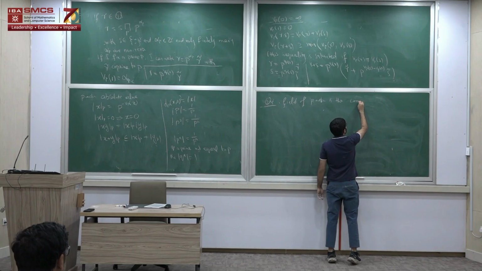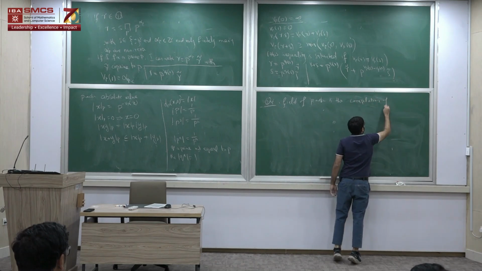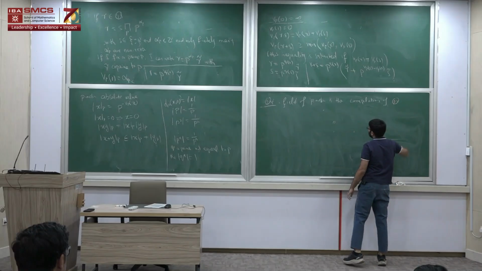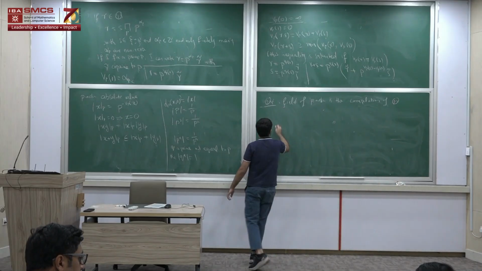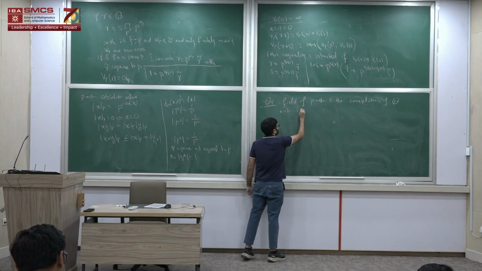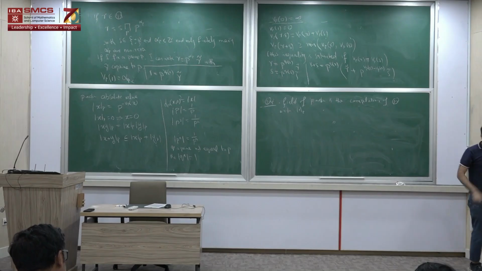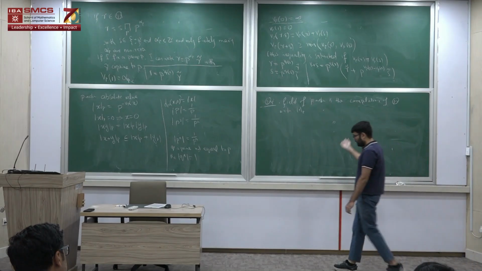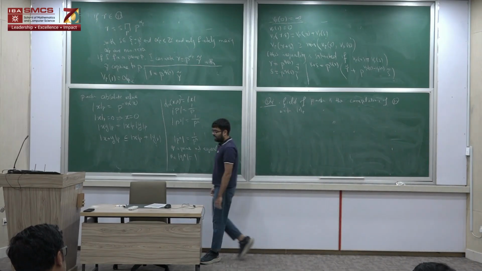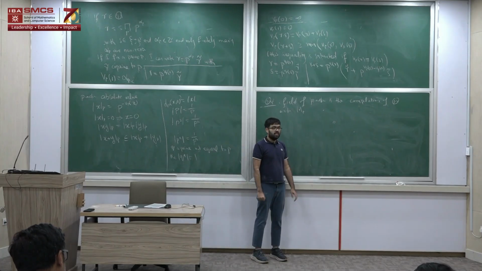So, the completion of Q with respect to the p-adic absolute value. And one thing we would like to get an idea of is, what are the Cauchy sequences here, right.